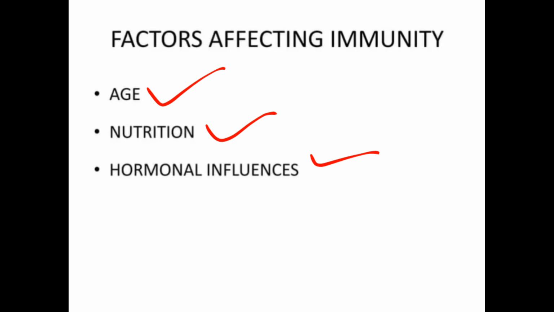But in adults the immune system is totally developed, and it works properly, and there is no need of any other development in the immune system.